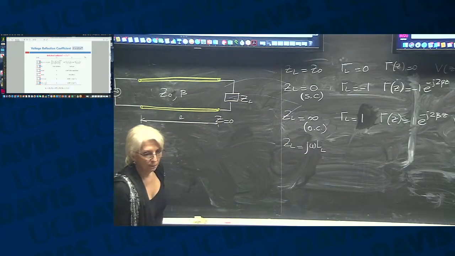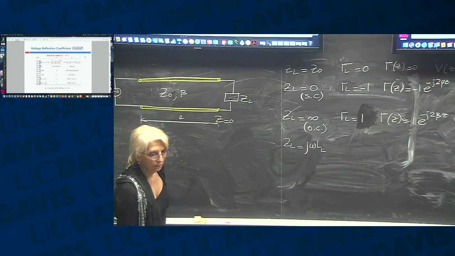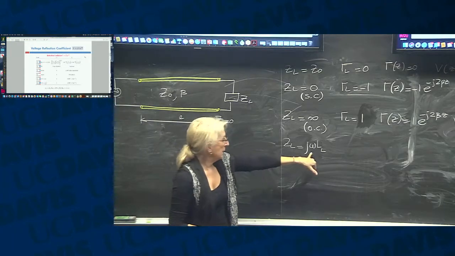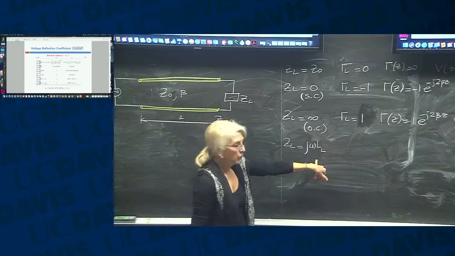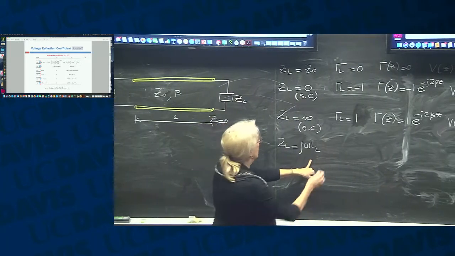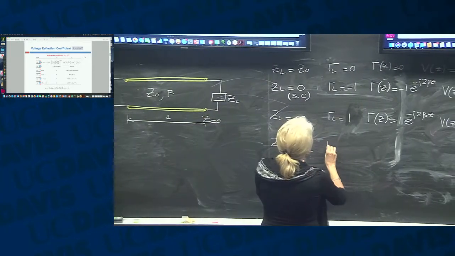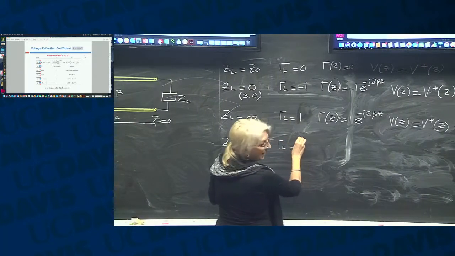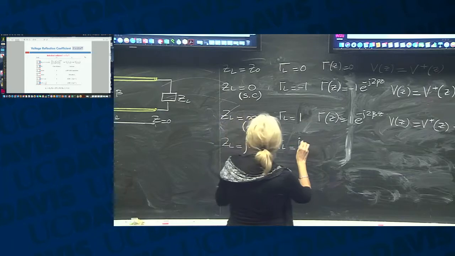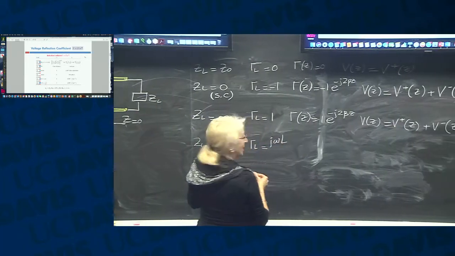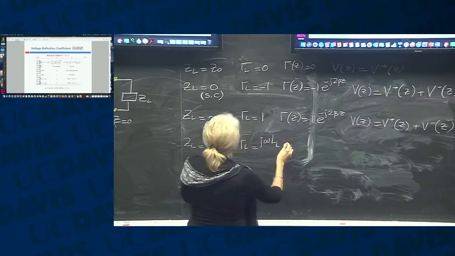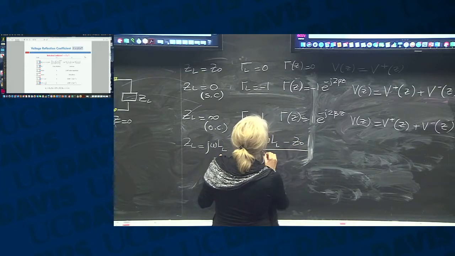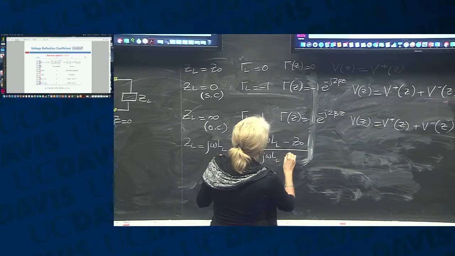We are in phasor form. That's why an inductance becomes j omega L. Do you remember that? Okay. So then, how much is gamma L? Let us write it: j omega L minus Z naught over j omega L plus Z naught.